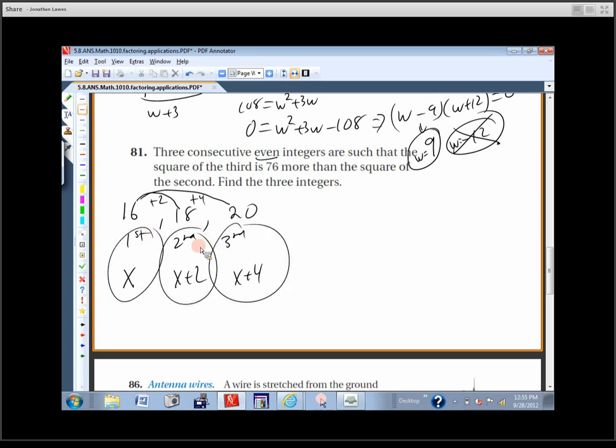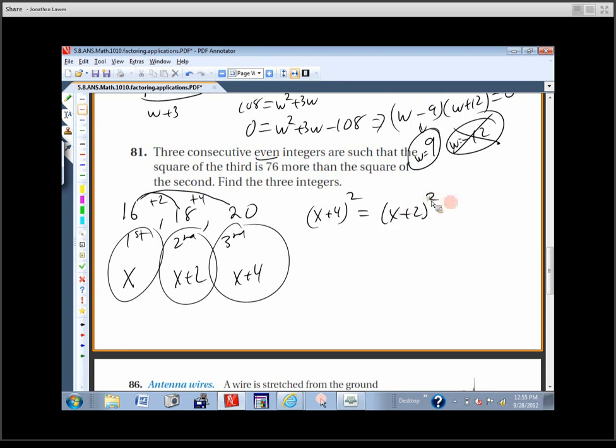That's enough to write the equation, because I need to take the square of the third one, that's this one, square it, equals 76 more than the square of the second. What's the second one?